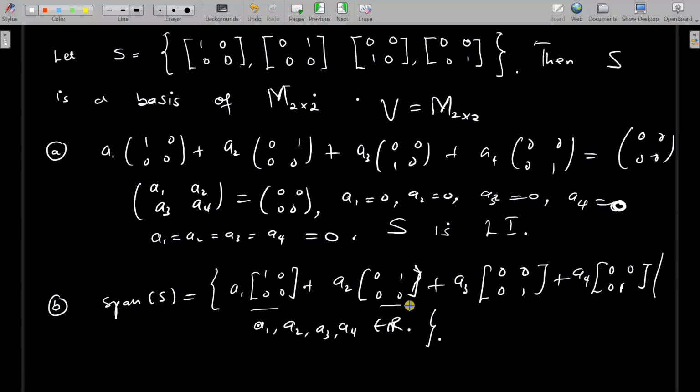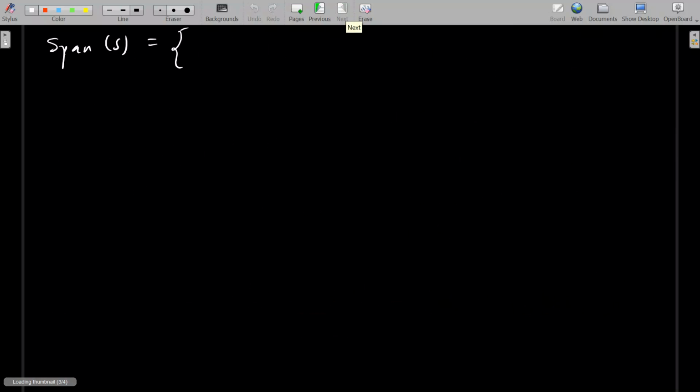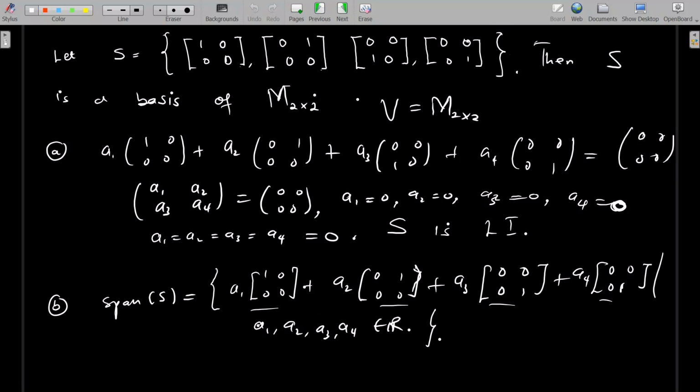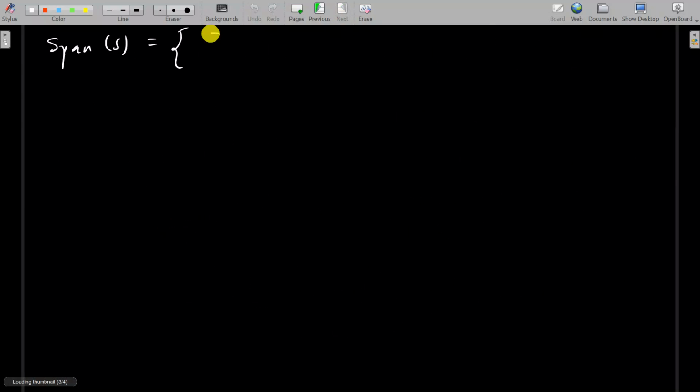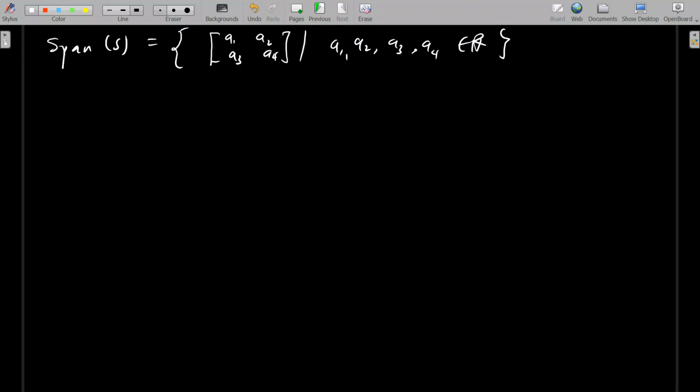Now if you sum them, I'm going to have the matrix with entries A1, A2, A3, A4, such that A1, A2, A3, A4 are real numbers. And if you look at it very carefully, indeed this is the general form of any matrix in the 2 by 2 matrix vector space.